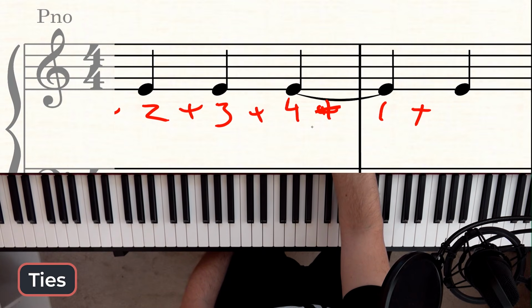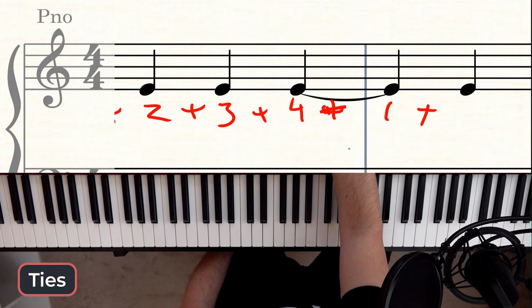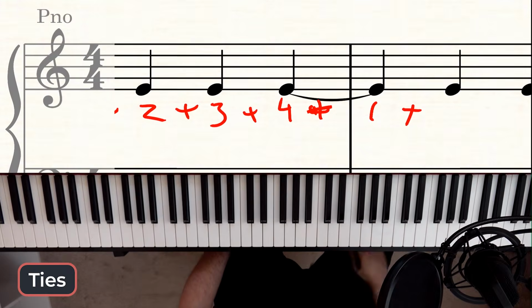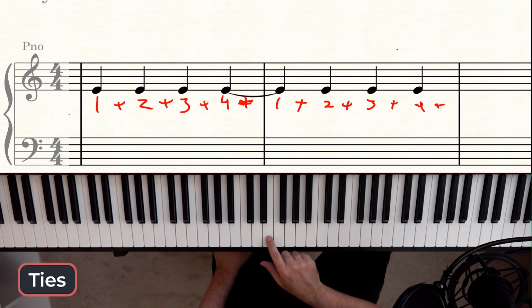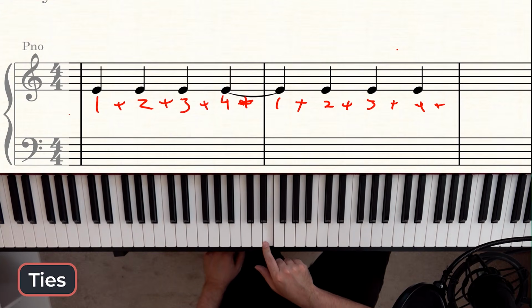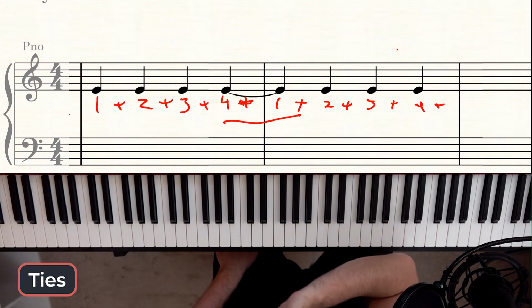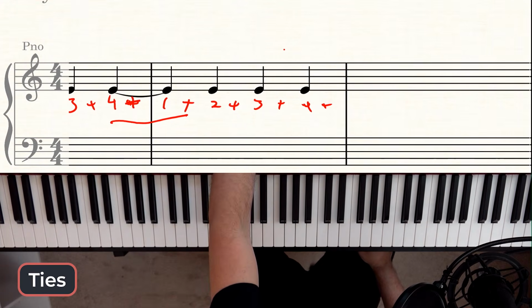This is why you would need a tie, because you can't draw a half note in between measures. It seriously won't let me do it. So this whole thing would just be counted as 1 and 2 and 3 and 4 and 1 and 2 and 3 and 4 and. Keep in mind that I held over from 4 and and didn't press that note again for 1 and.